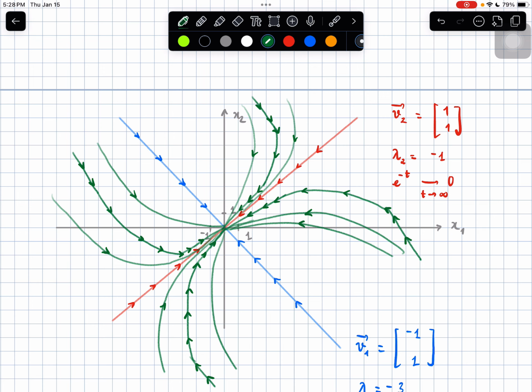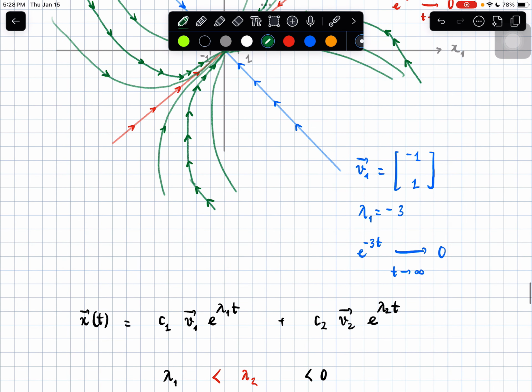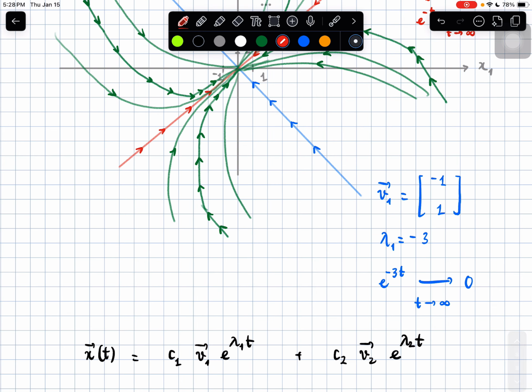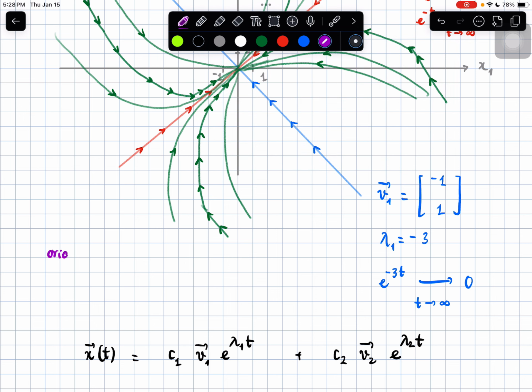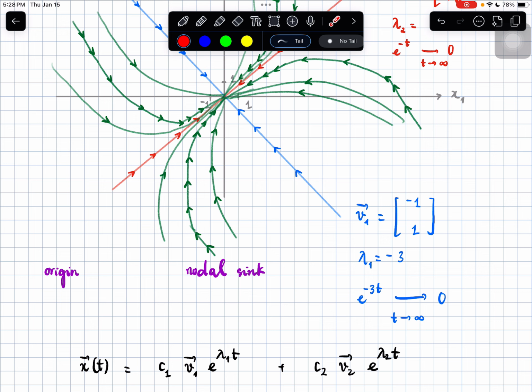First of all, let's talk about the origin here. Everything goes into the origin. This one will be a sink, a node. We say this is a nodal sink. Now we can determine whether it's proper or improper.